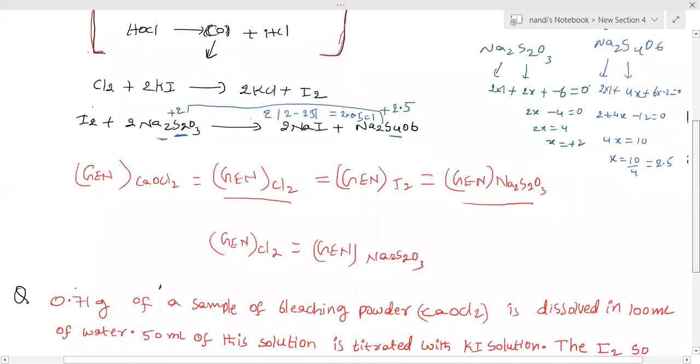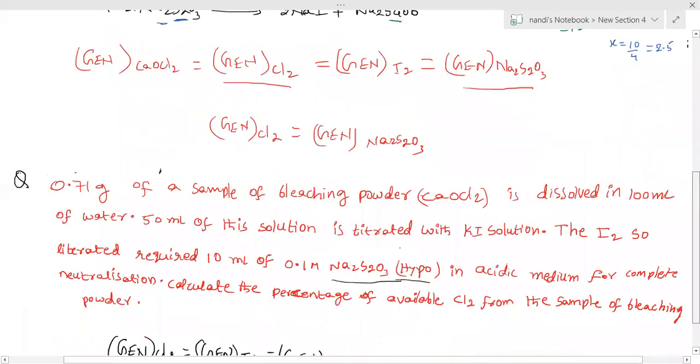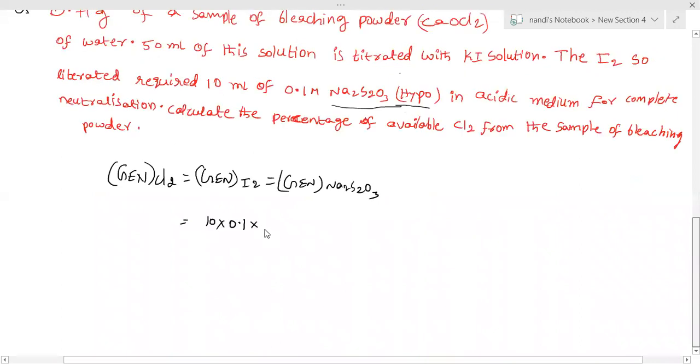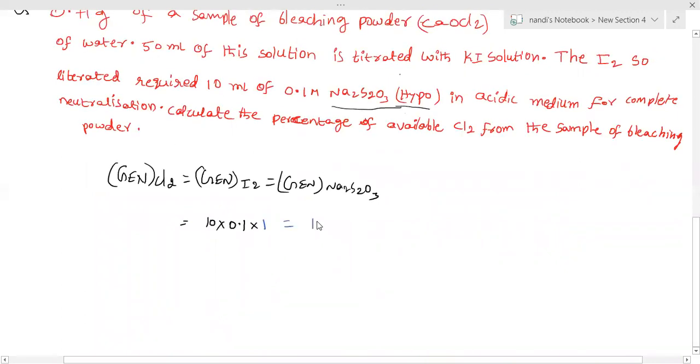Our question we are solving. So n factor is 1. How much will we get? 1 milli equivalent. Is it correct? 10 into 0.1. This is Cl2. Gram equivalent number of Cl2, what's the weight? Weight by gram equivalent weight. Gram equivalent number of Cl2, nothing but weight, equal to 1 milli equivalent means 10 power minus 3.